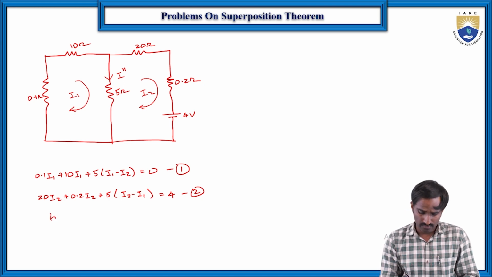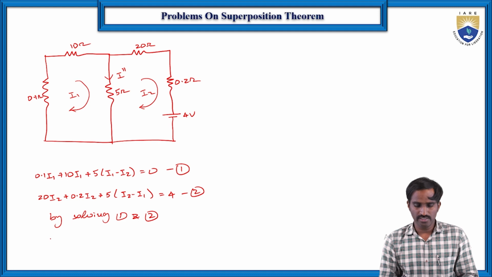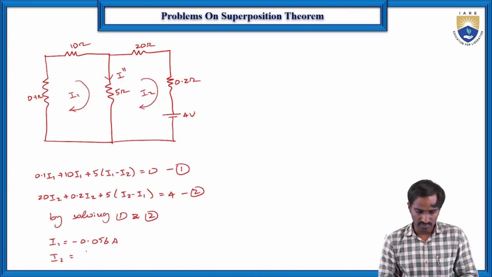By solving equations 1 and 2, you will get the I1 value and I2 value. The value of I1 is minus 0.056 amperes, and the value of I2 is minus 0.169 amperes.